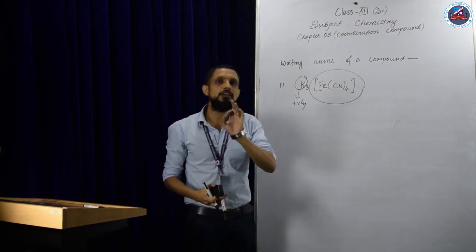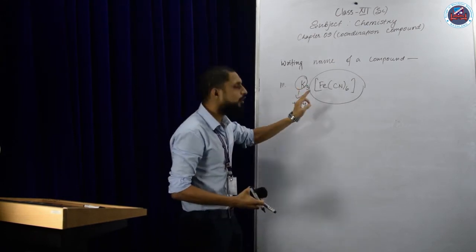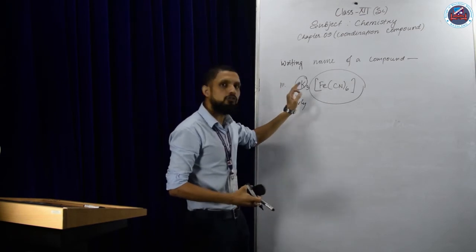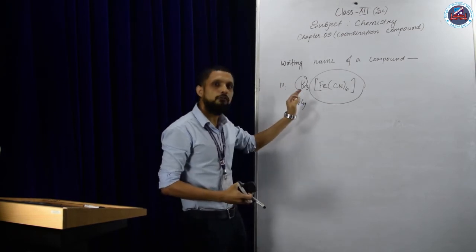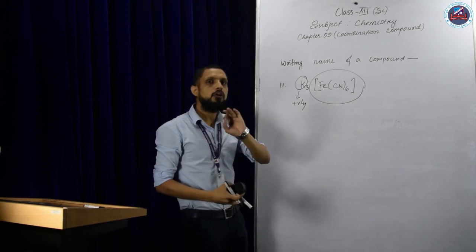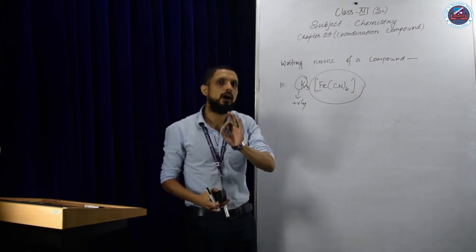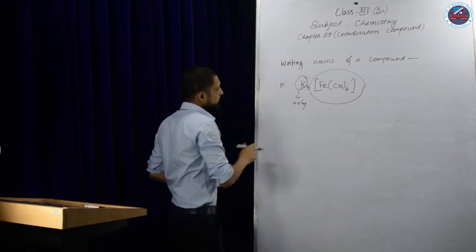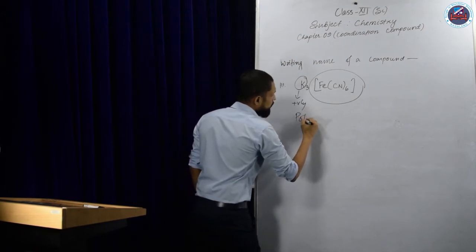You'll just write the name. Even if it is K3, potassium; even if it is K2, potassium; even if it is K4, potassium. You'll not mention the number, you'll just write the name. So we'll start with potassium.